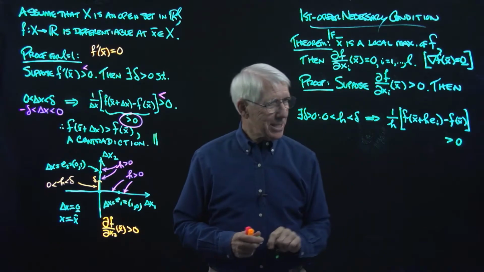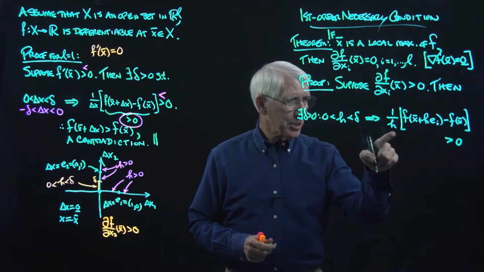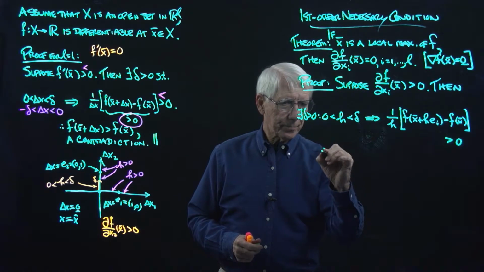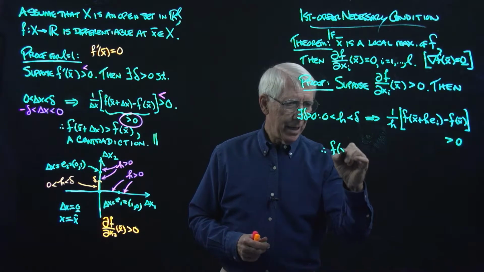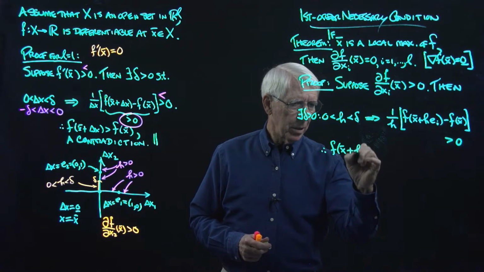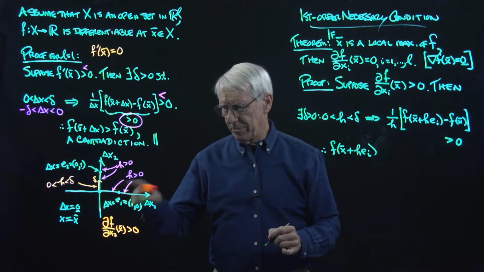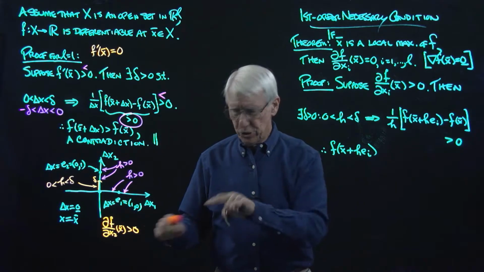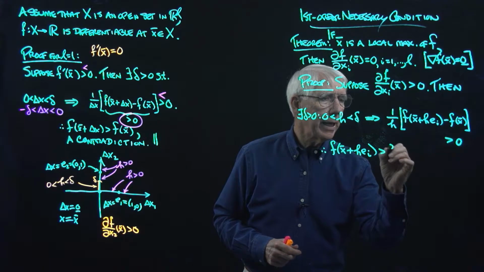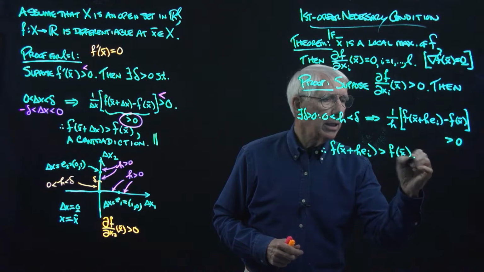And if that's greater than 0 and h is positive, then therefore we have f of x bar plus h e_i, in our little picture down here i is 2, is greater than f of x bar.